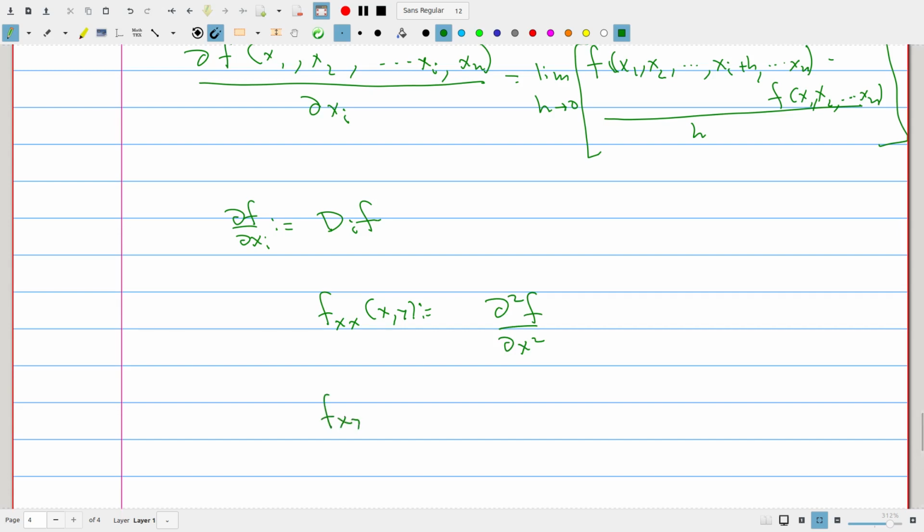fxy is equal to partial square f over partial x partial y. No, actually this is equal to partial y partial x. It's the reverse, right? Partial y partial x. So what are you doing here?